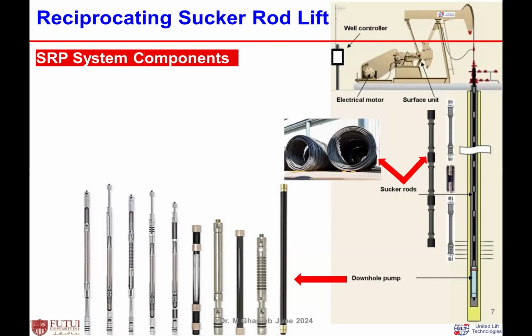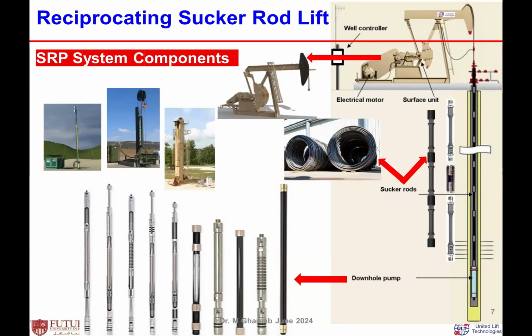There are different types of rod lift systems with new technology. In the past and the old days, we had only steel, jointed rods. Currently, we also have what we call flexible, continuous rod. It allows the system to run in different well geometries. Plus the surface equipment.